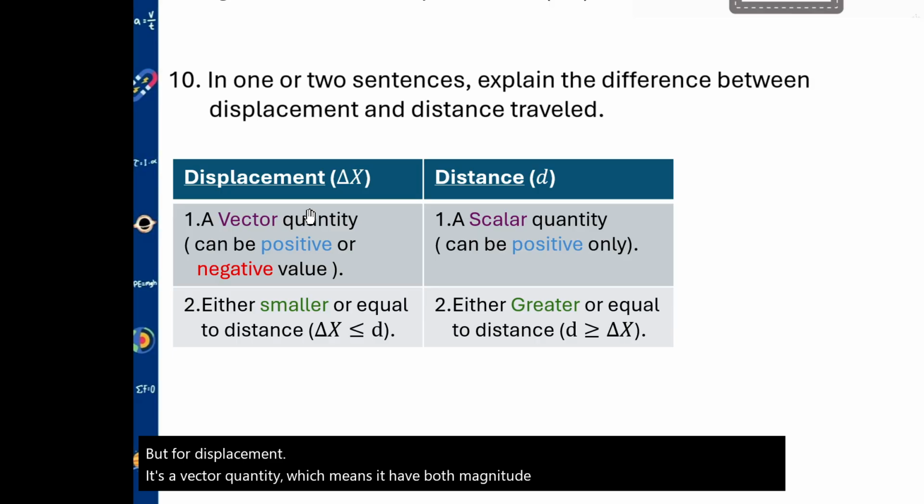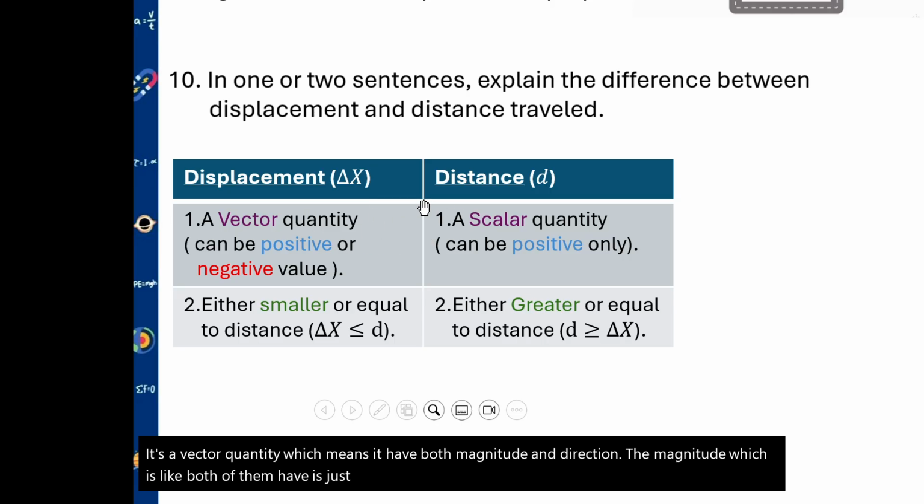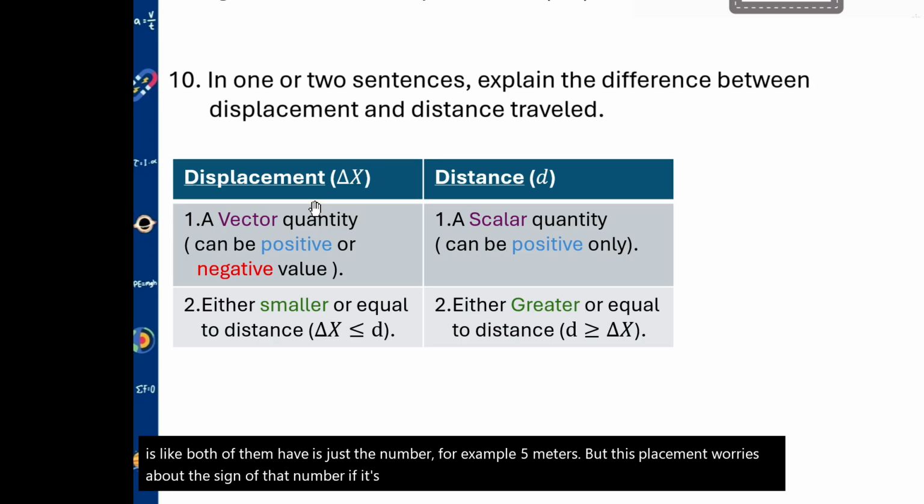The magnitude, which both of them have, is just the number, for example, 5 meters. But displacement worries about the sign of that number, if it's a positive 5 or negative 5. If it's a positive 5, it means either to the right or upward. If it's a negative 5, either left or down.